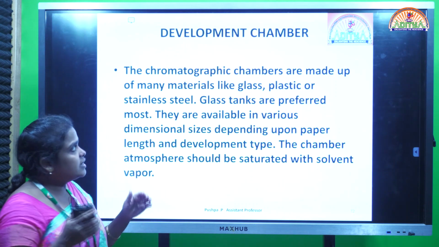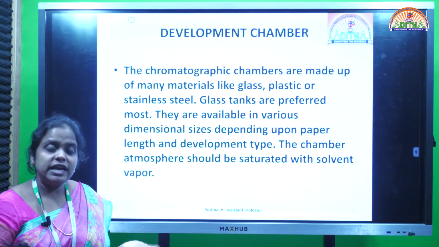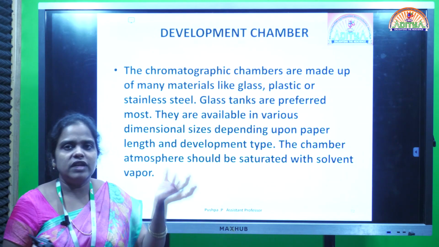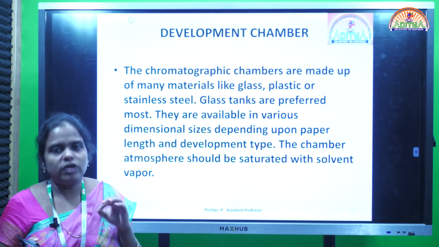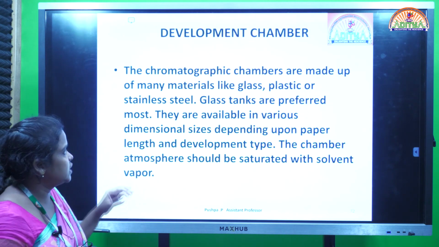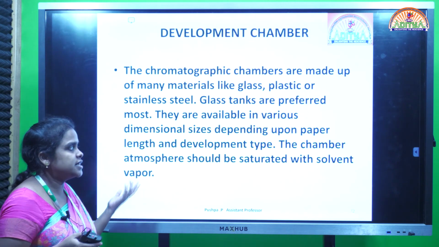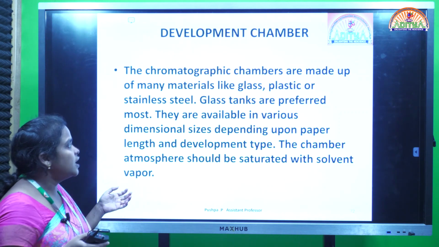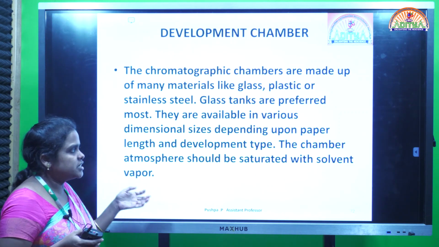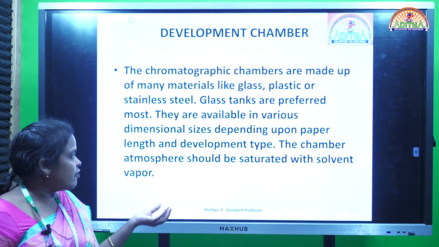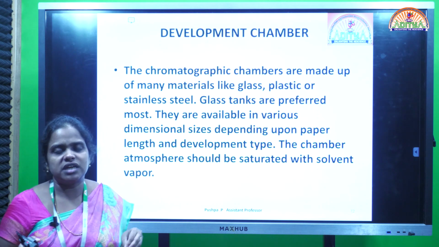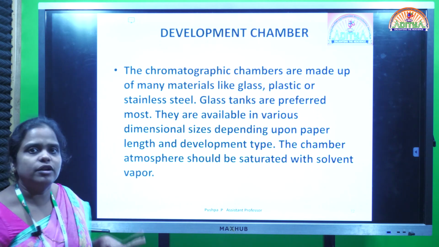In that chamber, we add the mobile phase up to 1/4 level. First of all, we have to take development chambers of different sizes based on the separation capability, and then add the mobile phase into the development chamber up to 1/4 level only.